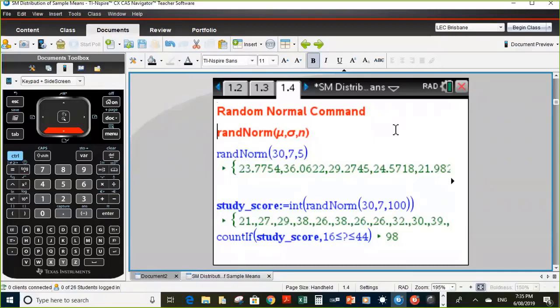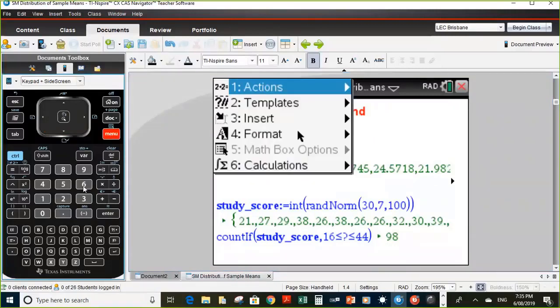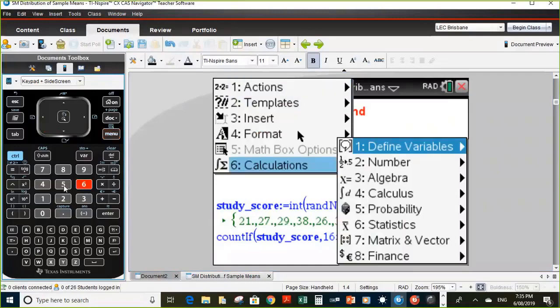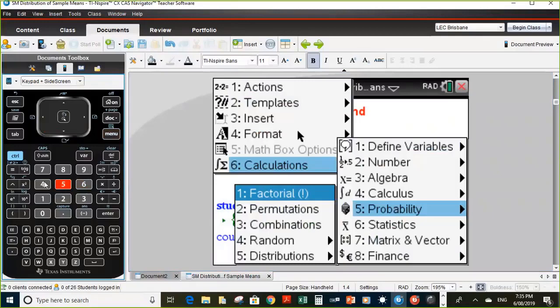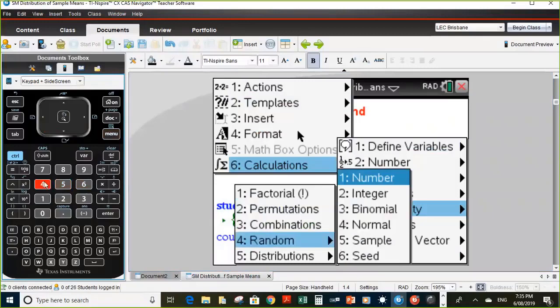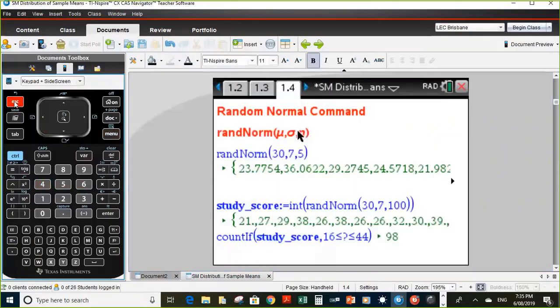If you wanted to find the randNorm command, again, in a notes application, it's menu, 6 for calculations, 5 for probability, 4 for random, and then number 4 there is the random normal command. So just press escape.